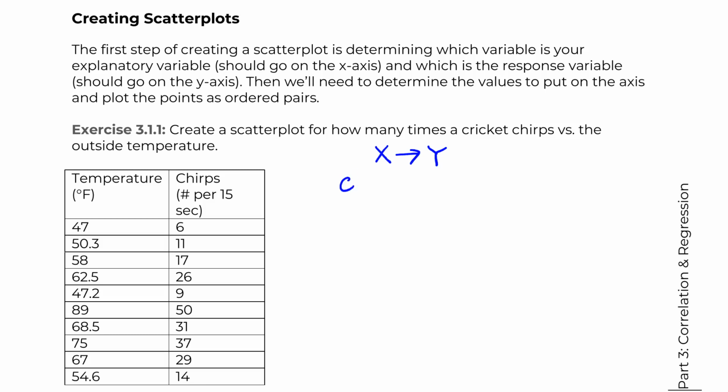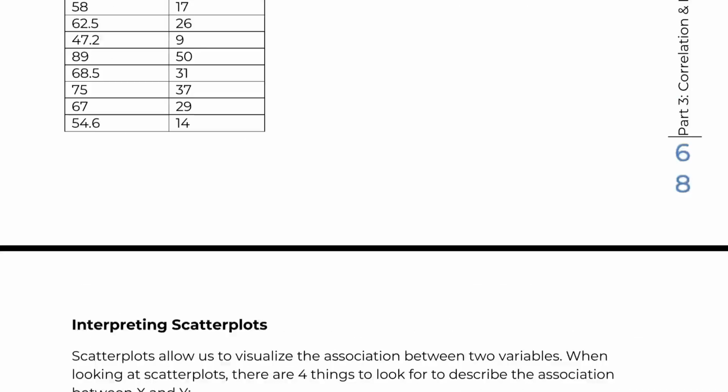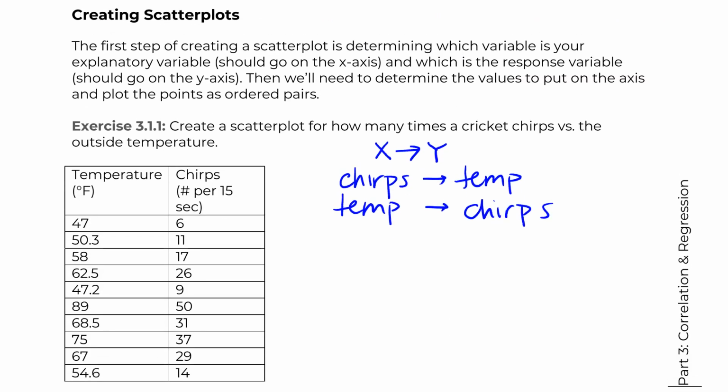Is it that the chirps influence the temperature, or that the temperature influences the number of chirps? Hopefully we immediately see the only one that makes sense here is temperature influencing chirps, because it's not like they're making enough friction to change the temperature around these little crickets.